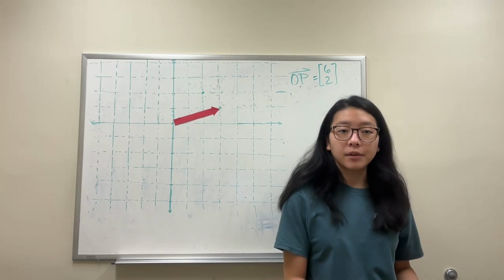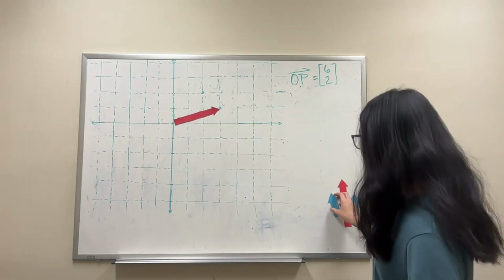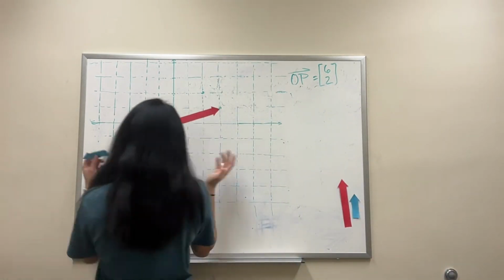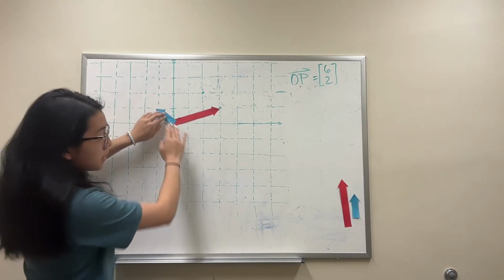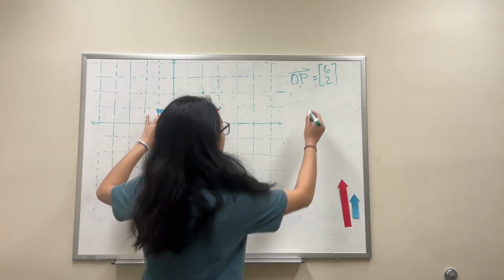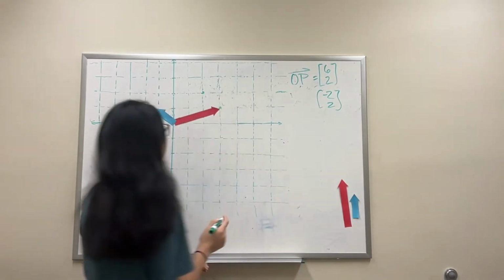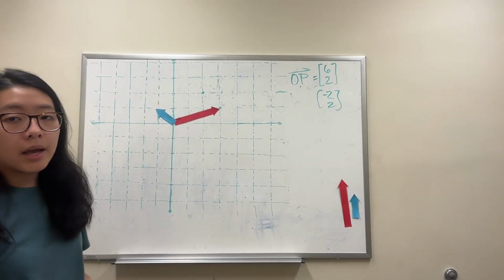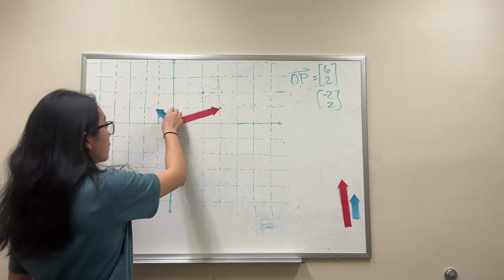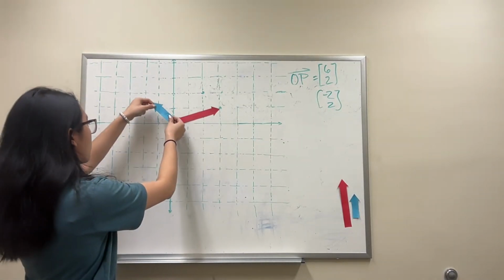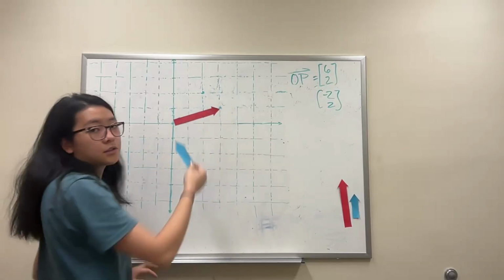Another thing we can do with our vectors is combine them. So let's say we still have our vector OP, and I want to put a new vector into our plane. We're going to introduce this vector negative 2, 2. I'm going to write the components for it over here, just so we don't forget. Negative 2, 2. And to combine these vectors, I can move this vector, negative 2, 2, anywhere on the plane, right? We talked about that at the beginning of the video, where if I have it here, or down here, or over here, it doesn't really matter where it is.